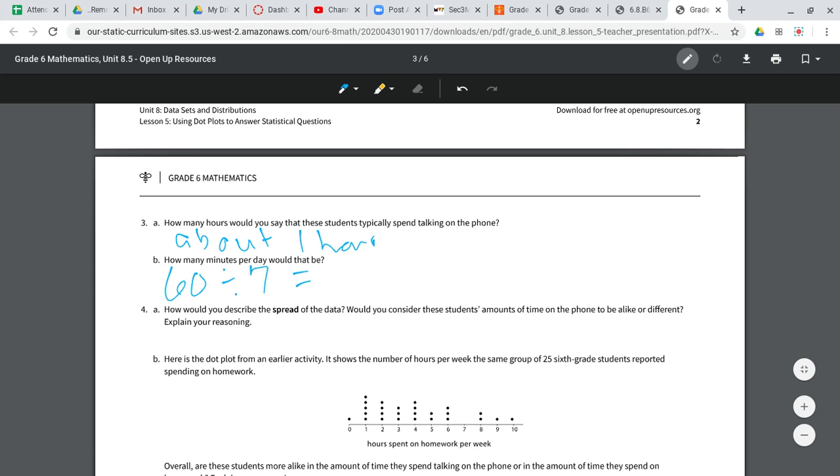So 60 divided by 7, and I should use approximate symbols, because 7 can go into 63 9 times, so this is approximately 9 minutes.